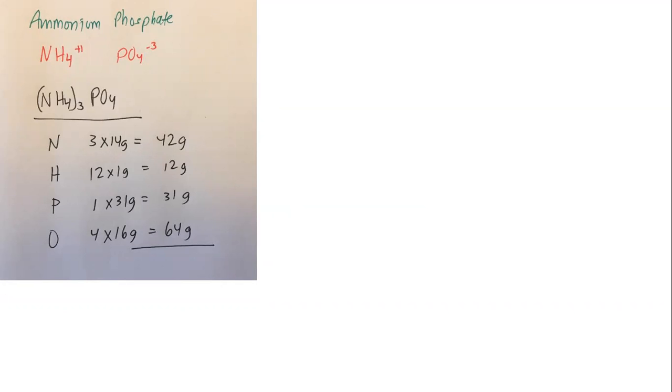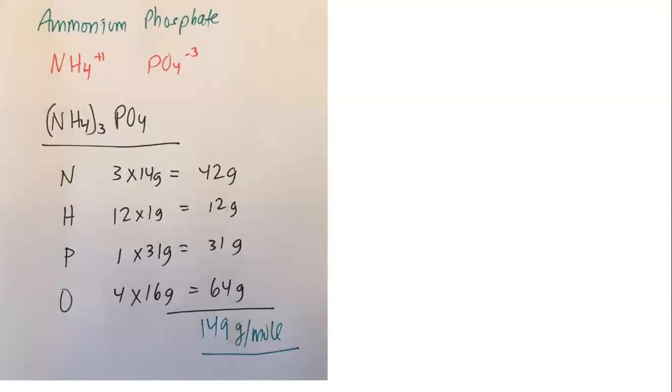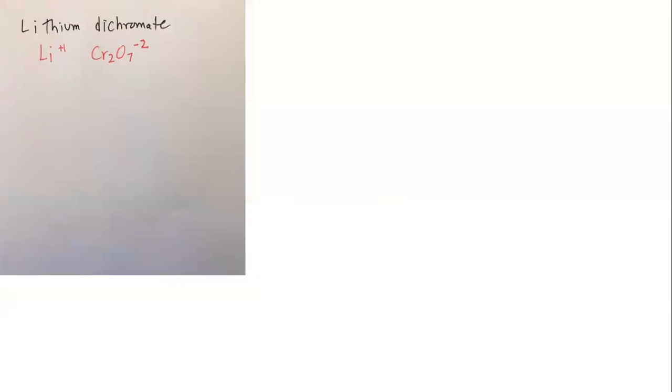The molar mass of hydrogen is 1 gram per mole. The molar mass of phosphorus is 31 grams per mole. And oxygens are 16 grams per mole because they're not diatomic twins here. They're individual oxygens. When you sum that up, the unit is grams per mole. The molar mass is always in grams per mole, 149 grams per mole.